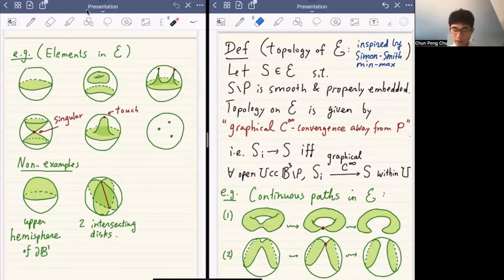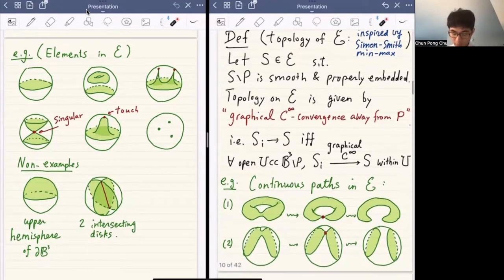In other words, if you have a sequence of surfaces, then we say that S_i converges to S if and only if for any open set compactly supported away from P, the convergence is smooth. So for example, you have a genus 1 surface, you can neck pinch it so that it becomes a genus 0 surface.